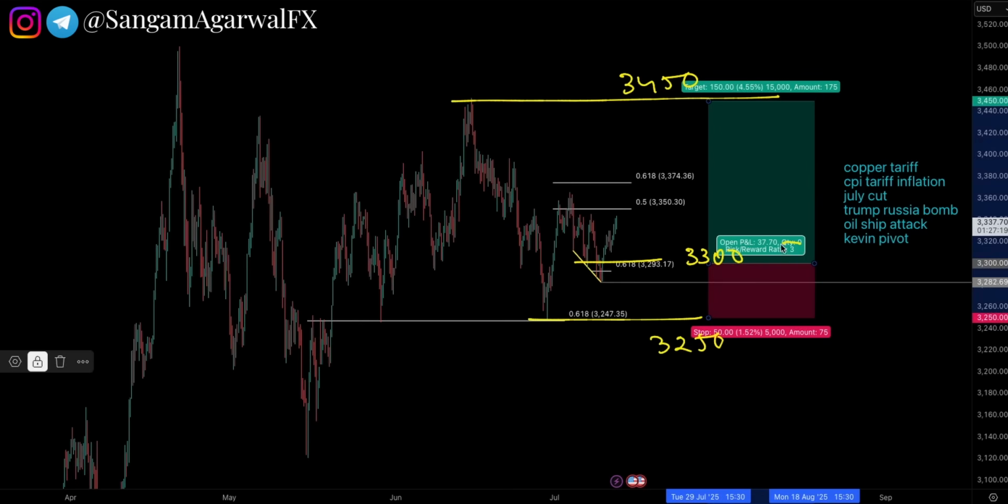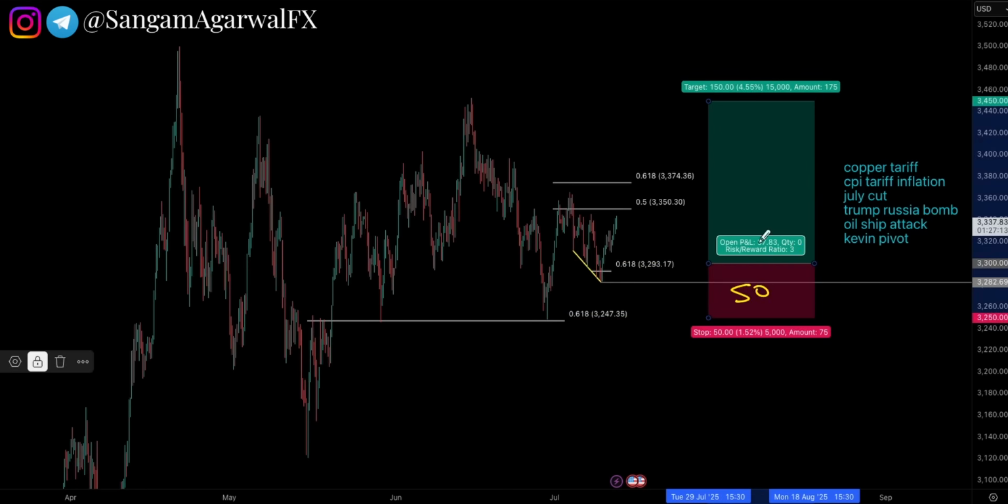Then here you still have a 3x risk reward ratio. You risk $50 to gain $150. If you entered at the 3300 psychological level, SL near the 3250 psychological level, and target 3450, and now price is above your entry price, you can lock in and become tension free.